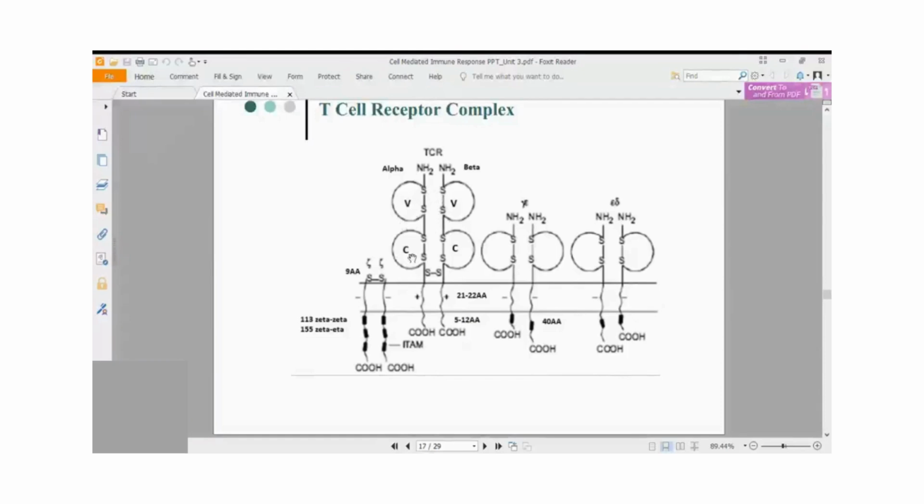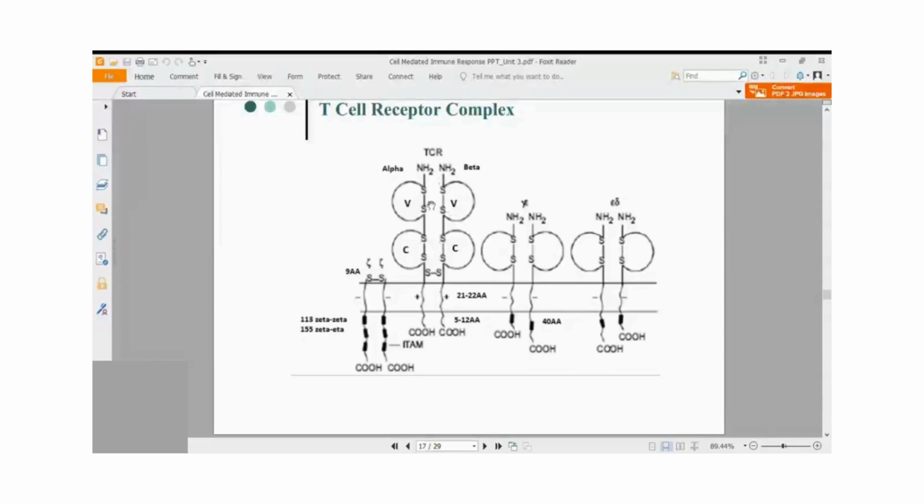And the majority of the amino acid sequences present in the T cell receptors and the domains present there resemble the immunoglobulin domain. Therefore, this receptor is also called the immunoglobulin superfamily, because it has some resemblance to the antibody molecule.